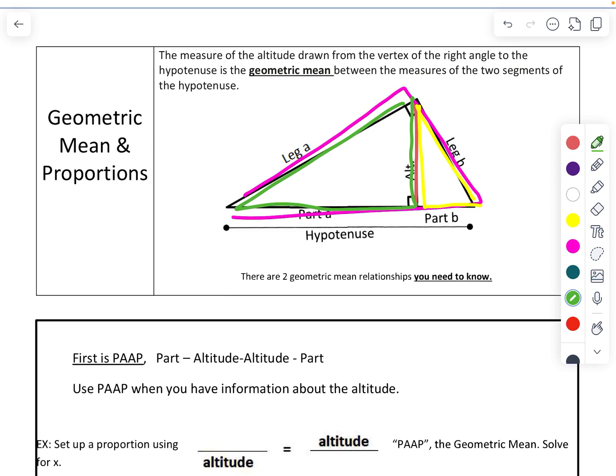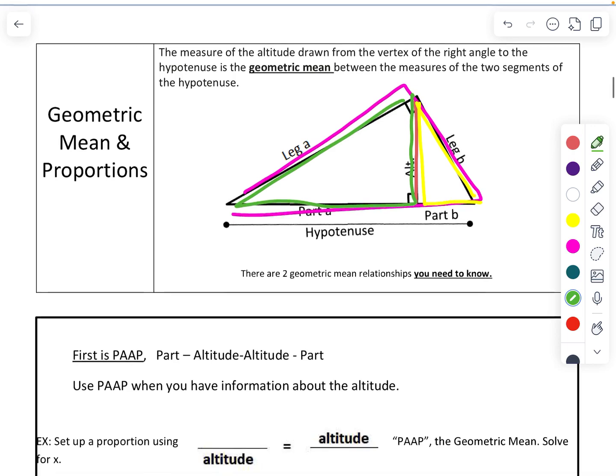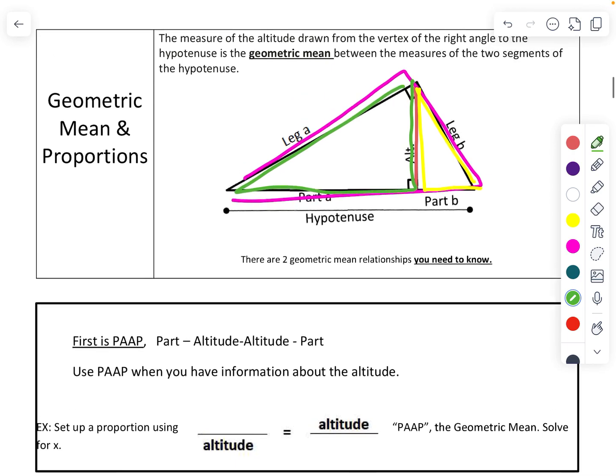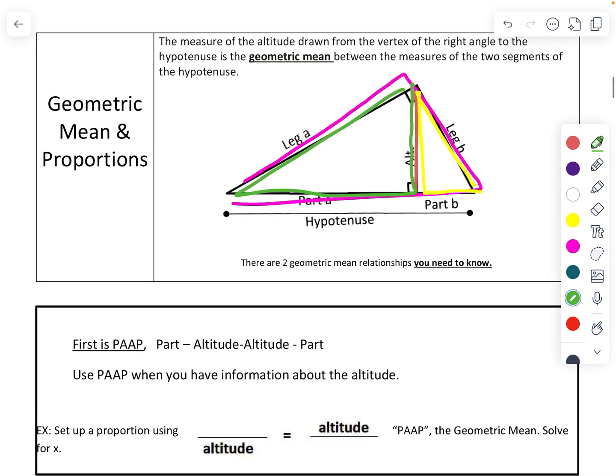So we have an easy way to remember that, and it uses a geometric mean when you know the altitude. So if you're given the altitude, let me read this to you, starting from right here. The measure of the altitude drawn from the vertex of the right angle to the hypotenuse of the big triangle is the geometric mean between the measures of these two segments, part A and part B.